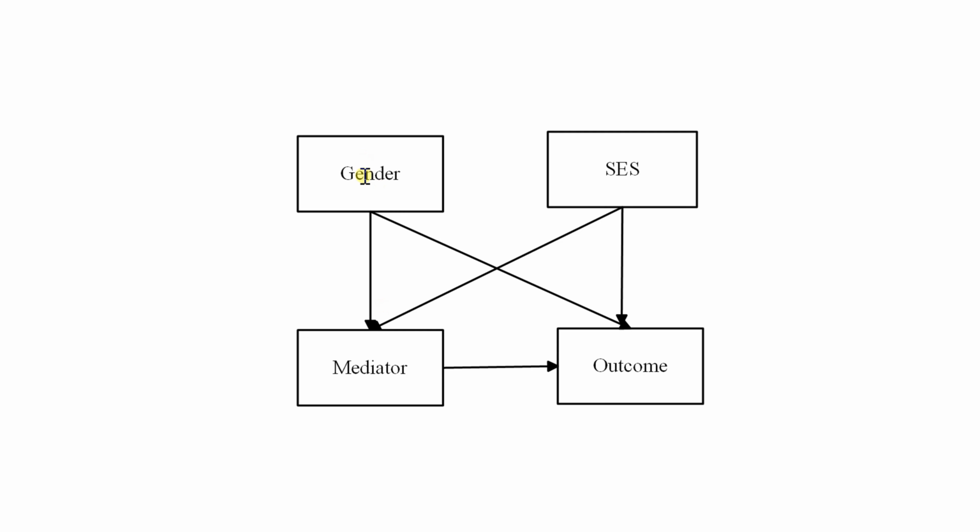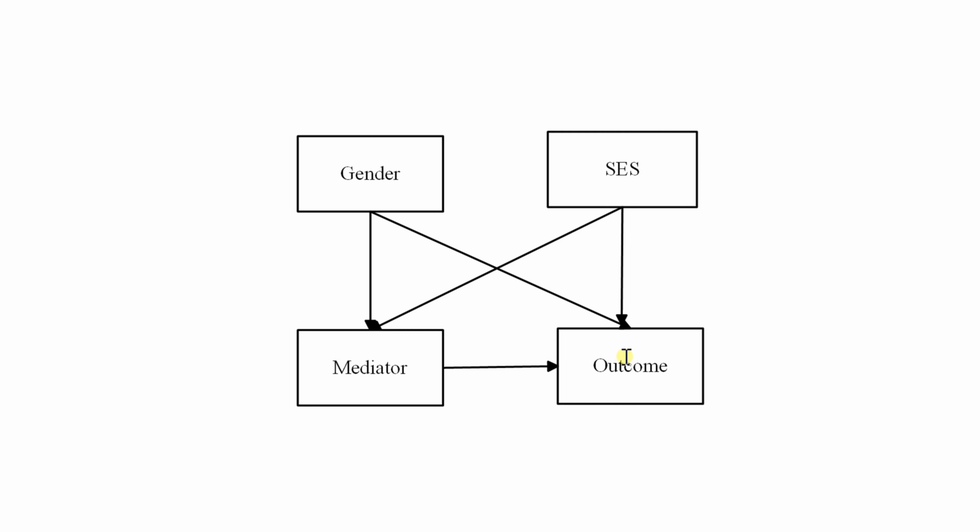For example, suppose gender influences both the mediator and the outcome, and SES influences both the mediator and the outcome. As I discuss in my book, this can create bias if we infer the causal coefficient from the degree of association between these, because there are actually 3 sources of the association between the mediator and the outcome.